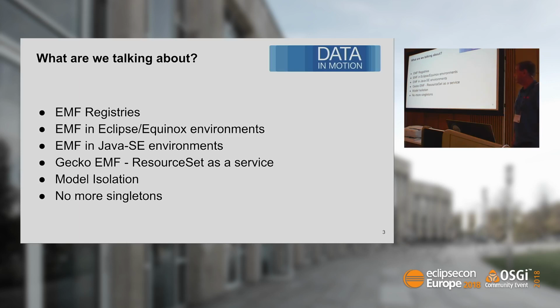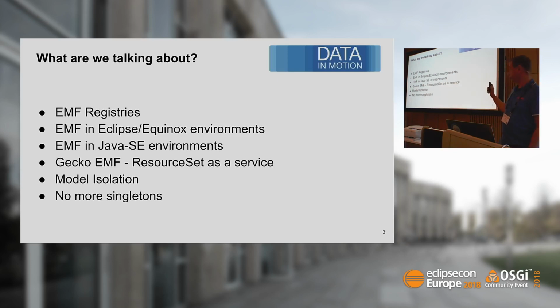So, what are we talking about? We will talk about EMF registries, all the registries we need to get EMF to work. And we will talk about having EMF in an ordinary Eclipse environment. Maybe that's the environment most of you are used to when you use EMF.